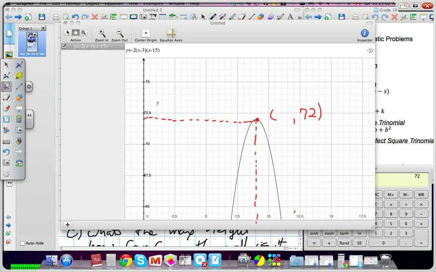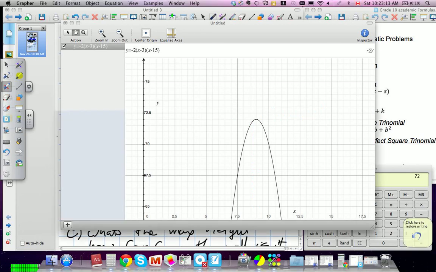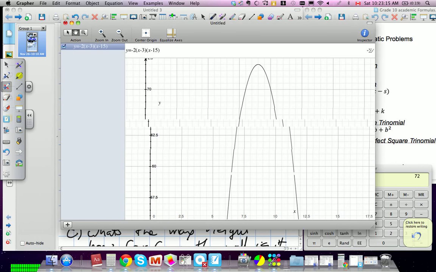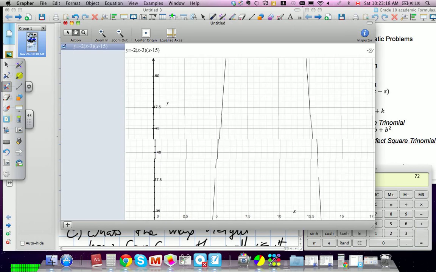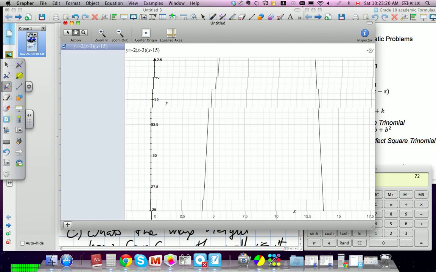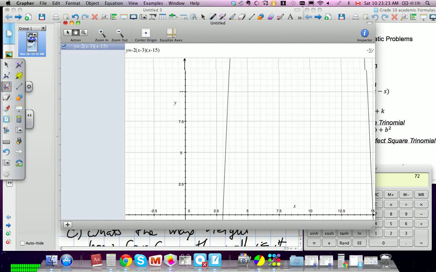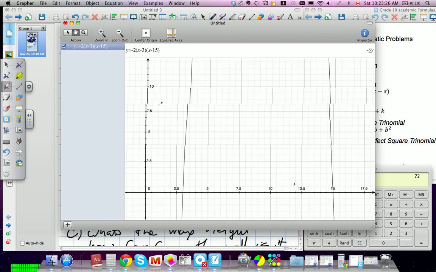The other thing we just want to double check is that our x-intercepts are correct. We'll go down. We really had to move quite a bit here. Probably could have done this faster, but here we go. We know that one of them was at 15 and 0. We got that right.